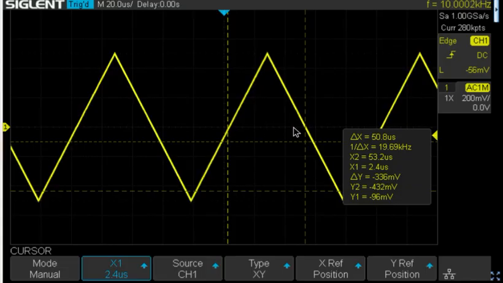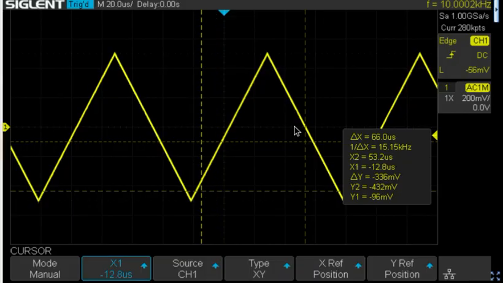So if we want to measure the entire period, let's just do this. Let's just move, and again, I'm just pushing it somewhere on the screen.